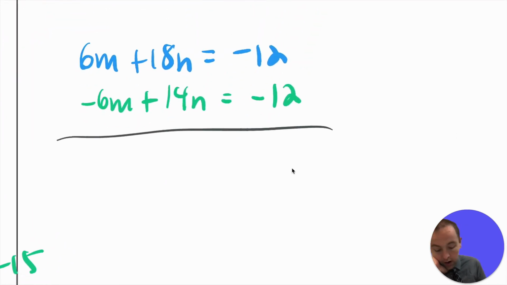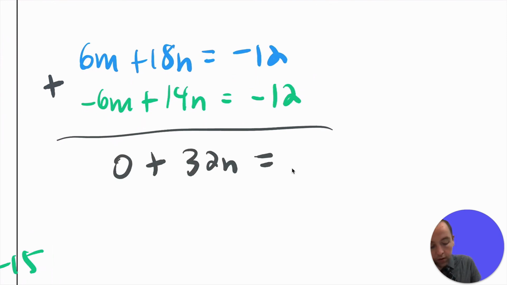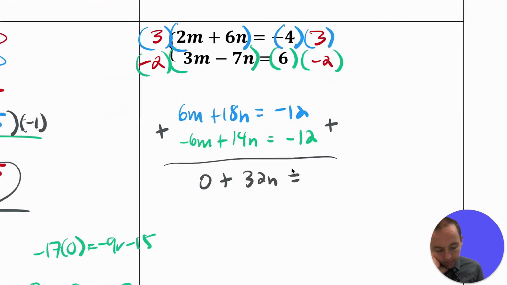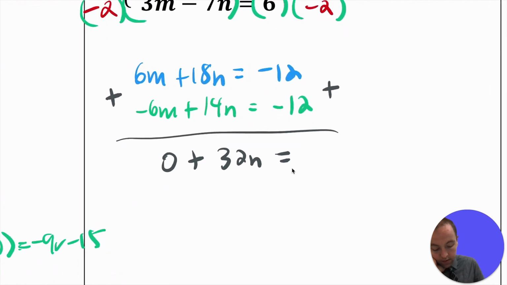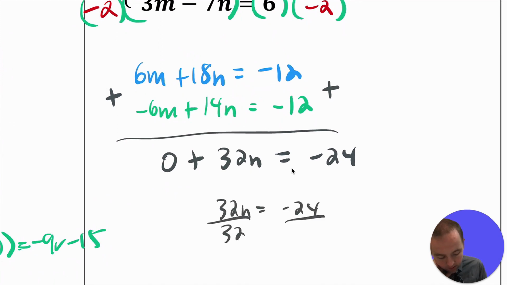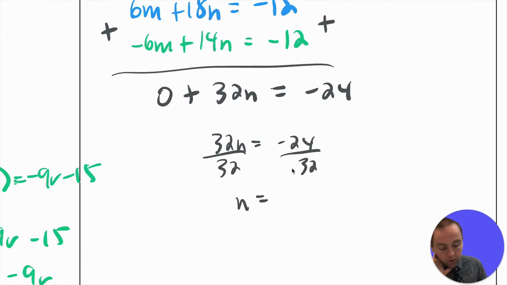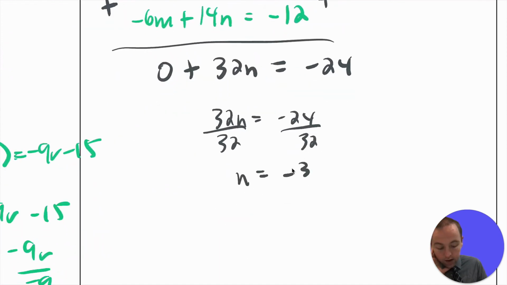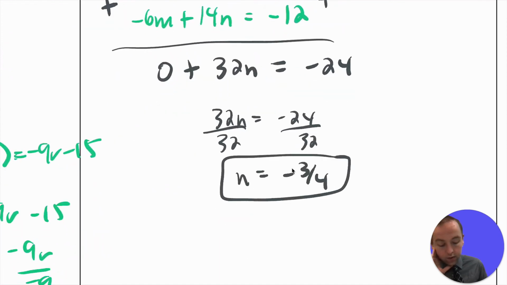Now you've got your opposites, so that when you then add, you get 0 plus 32n equals, and then right there, yeah, they don't cancel out, so I guess you get negative 24, right? So now that 32n equals negative 24, you can divide by 32. So n would be negative 24/32. That does reduce down to a negative 3/4 for your n value.